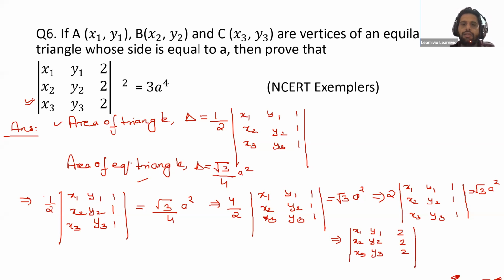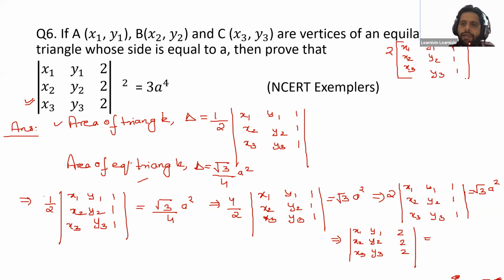Okay, please remember this point. If you are multiplying a determinant by any constant or any number, then only a particular row or a particular column gets multiplied with that number. It's your choice. So I have multiplied the last column with 2. And this is the difference between the determinants and the matrix. Suppose we have a matrix, the same matrix, x1, x2, x3, y1, y2, y3, and 1, 1, 1.